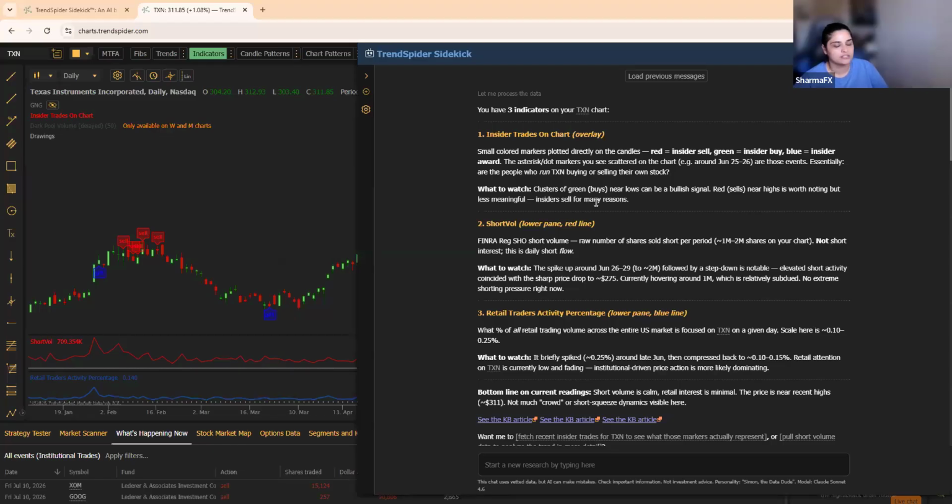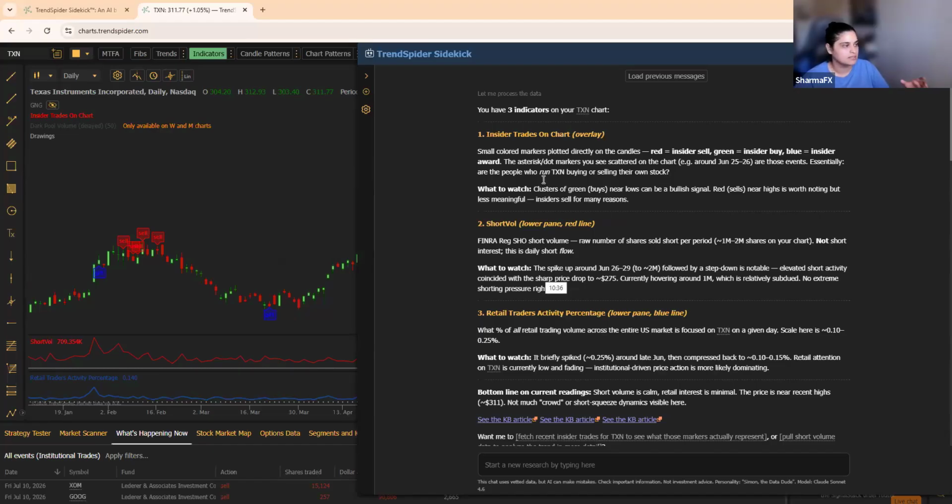That is insiders, like CEOs, CFOs, directors, if they're buying a significant amount, or if they're selling a significant amount, or if there are any gifts or awards, insider awards that tend to happen. So basically, are the people who are running that company buying or selling their own stock?